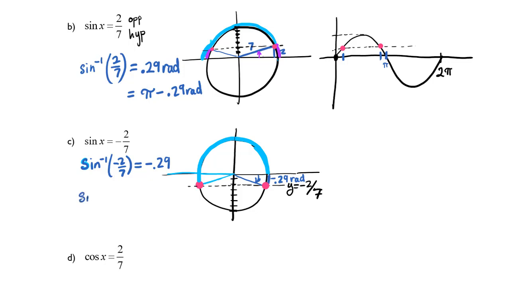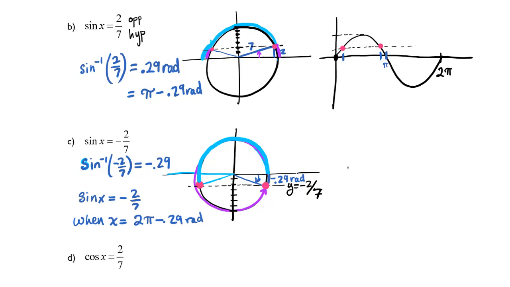This is helpful because I can calculate the positive angle now by simply saying that sine of x equals negative 2/7 when the angle x is equal to 2 pi minus 0.29 radians. That will give me the full distance around the circle.